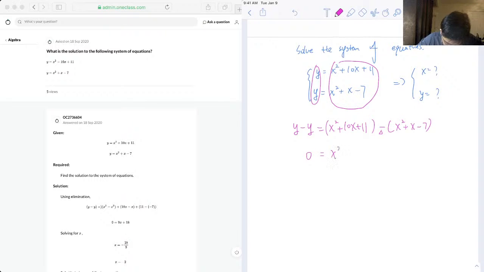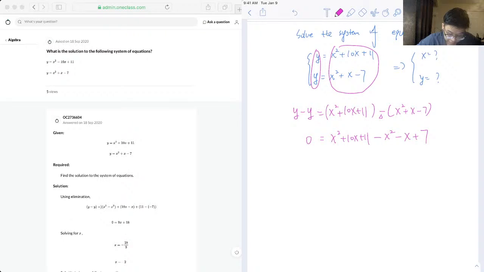We have x squared plus 10x plus 11 minus x squared minus x. Since it was a plus sign in the brackets, but now there's a subtracting sign in front of the bracket, we need to change the sign of it. And the negative 7 will become positive 7.